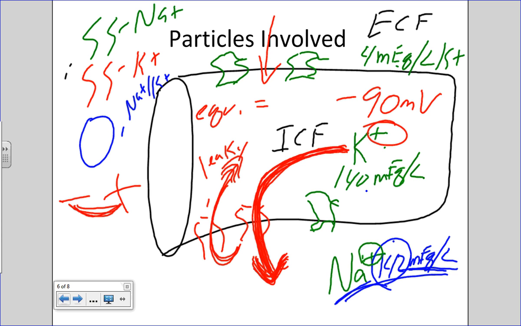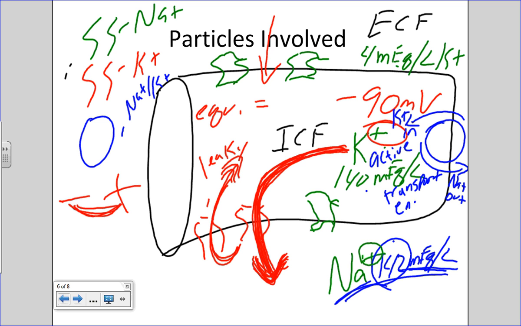Let's talk for a second about the role of the sodium potassium pump. The sodium potassium pump is very important for a couple of reasons. What it does is pump potassium in and sodium out. Now you know we're working against the concentration gradient, and since we're working against the concentration gradient, we call this active transport. We call it active because it takes energy.